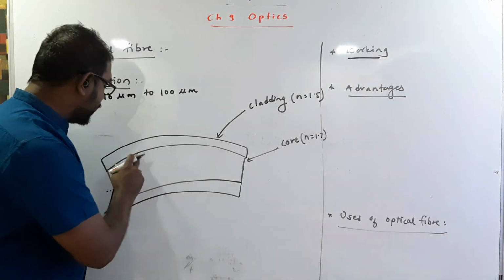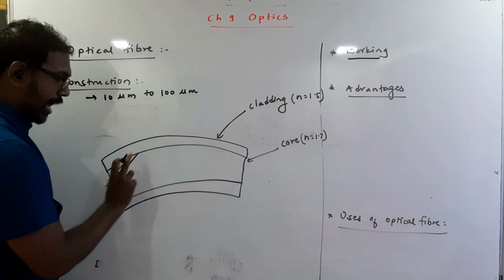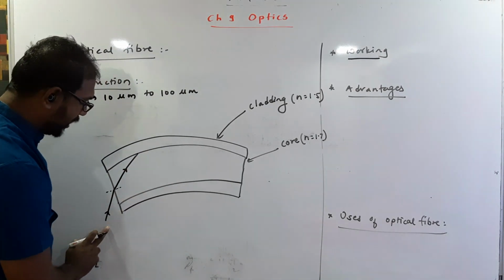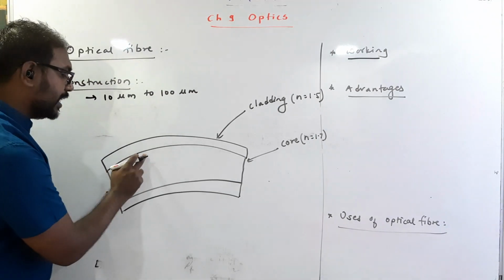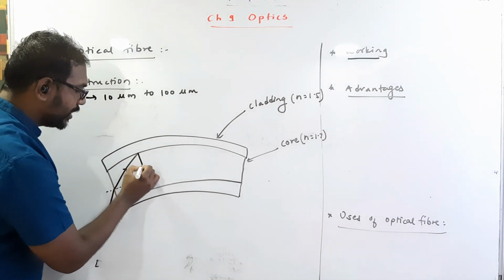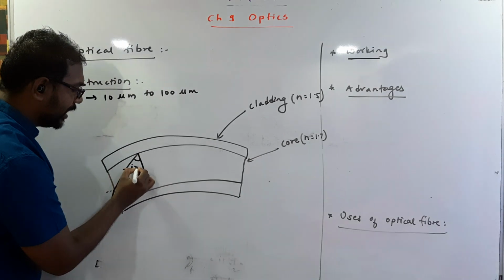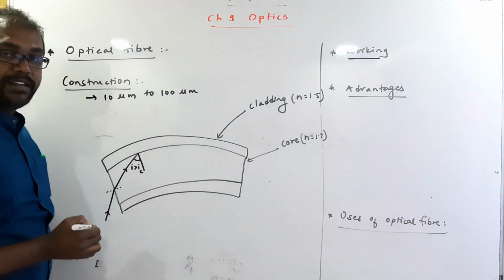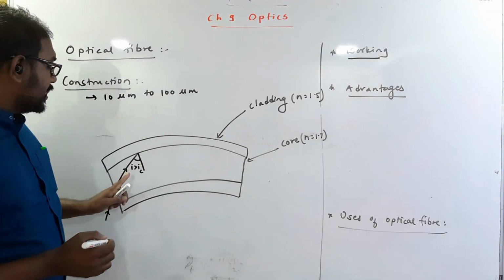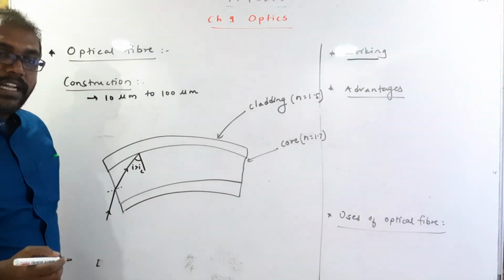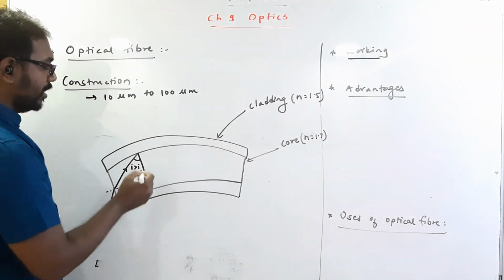Because of that, when this light ray is incident on the wall of the optical fiber, it is incident with an angle greater than the critical angle. Then total internal reflection occurs.